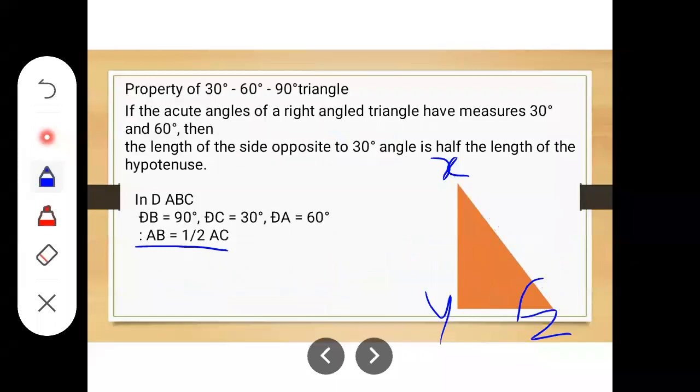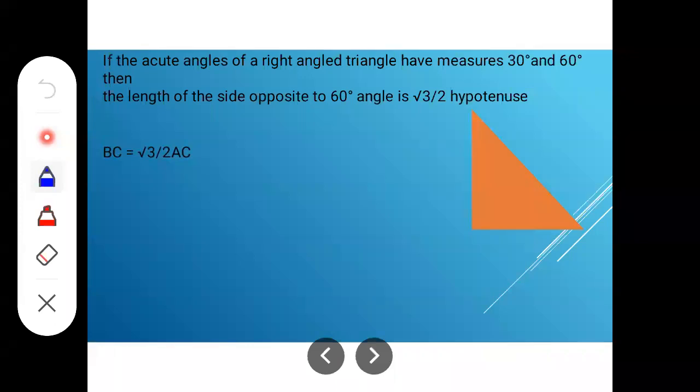Now we will see how to write the formula for the side opposite to 60 degrees. See here, the statement: if the acute angles of a right angle triangle measure 30 degrees and 60 degrees, that is the common statement. Now what important statement we need, that is this one. This is also very easy.